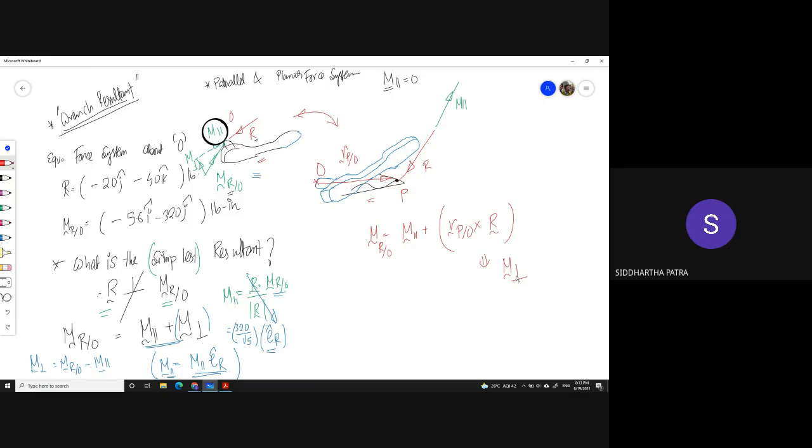You can effectively represent this, since M perpendicular is perpendicular to R. This is a possible representation, which is not true for the total moment, but for the perpendicular part of the moment, this is true. But I think some of you have already developed some confusion with whatever we did over here. If you have any question, just let me know.